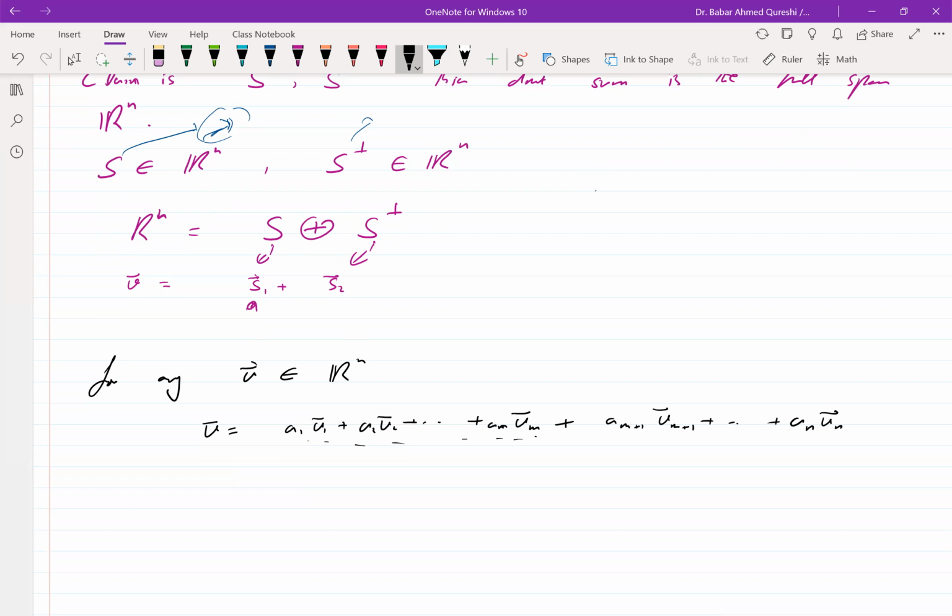I'm guaranteed that I will be able to write any vector like this because all these vectors up to n form a basis of Rn.